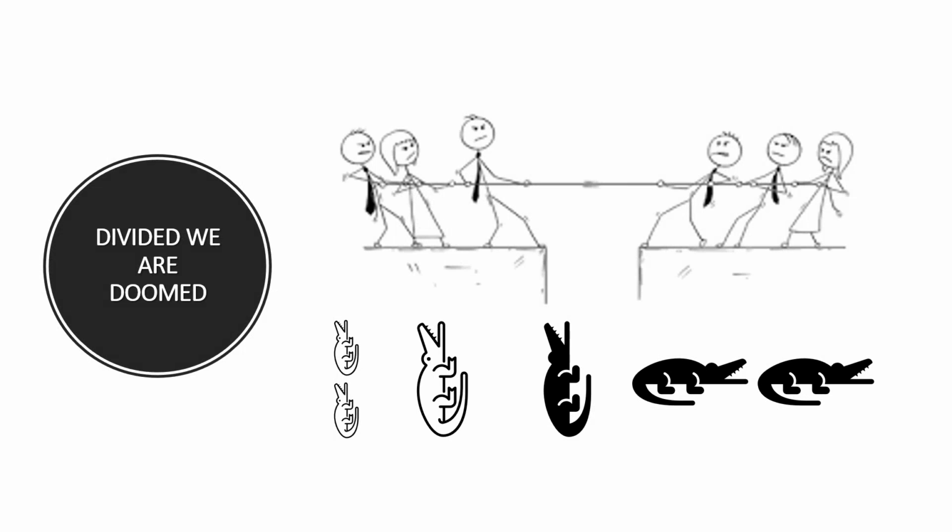Divided, we are doomed. It is a cruel world for disunited countries. A small, developing African country has real enemies within and without.